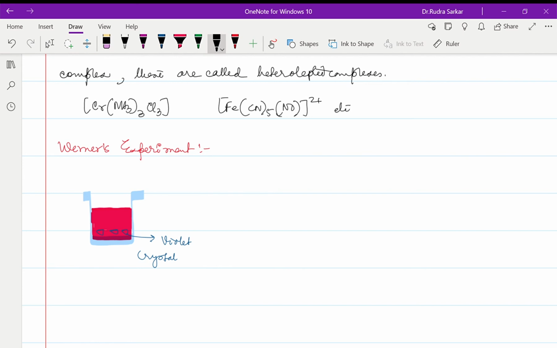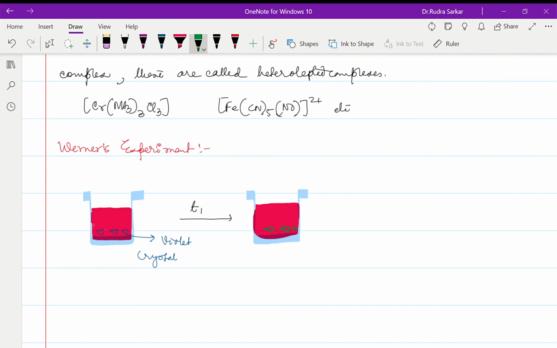All right, and then after a certain passage of time, from the same soup, we get some green colored crystals.